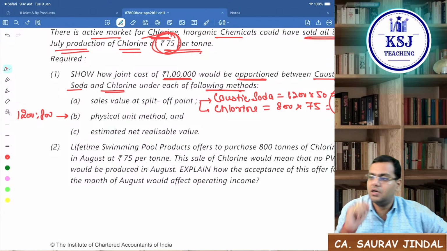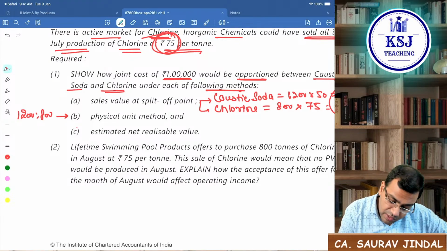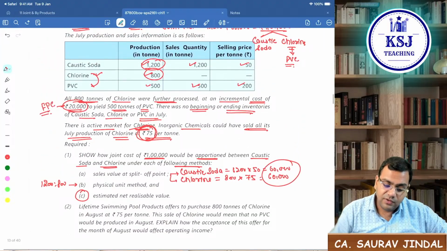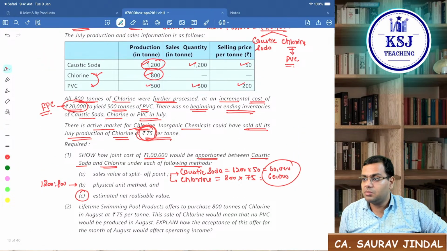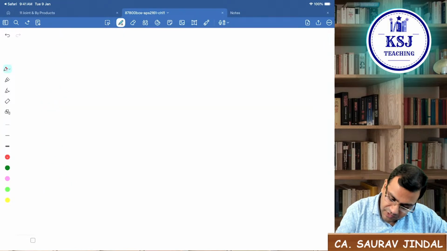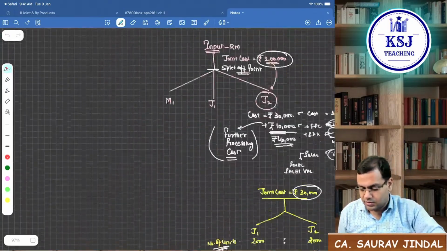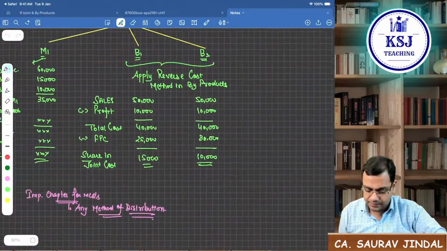Next, what is given is the estimated net realizable value. Now, what is the net realizable value here? You have to distribute between caustic soda and chlorine. Okay, I'll just solve this much part.